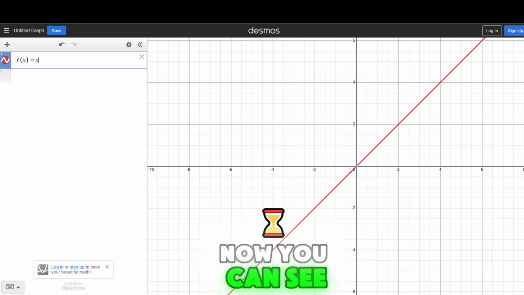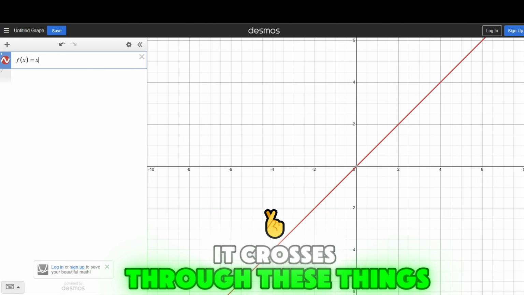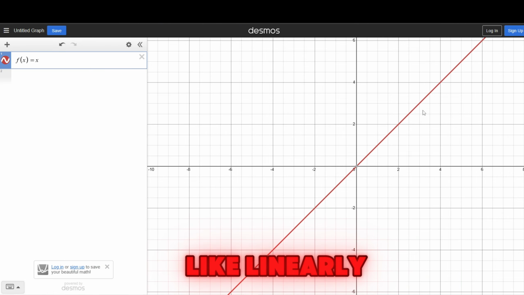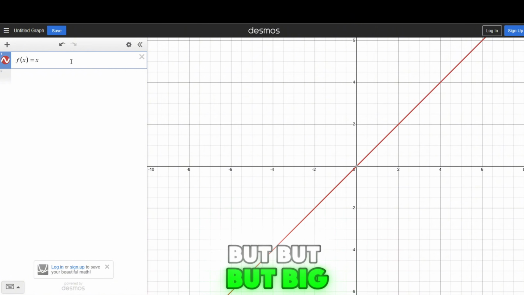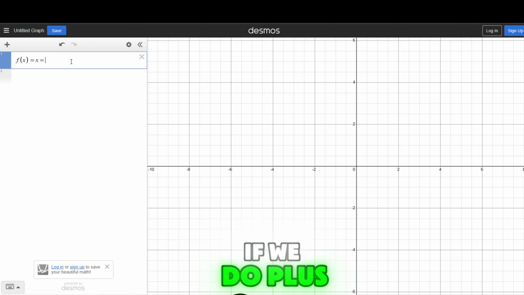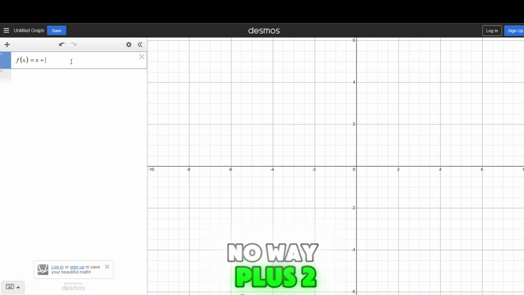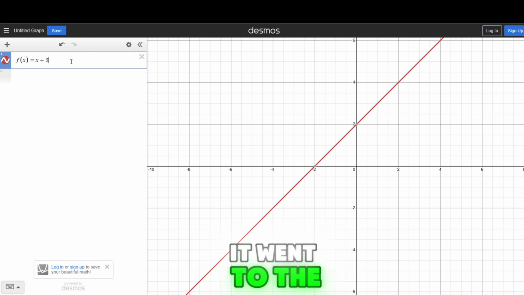Now, you can see that it's a linear function. It crosses through these things linearly. But, big but here. If we do plus 2, what happened? It went to the left.